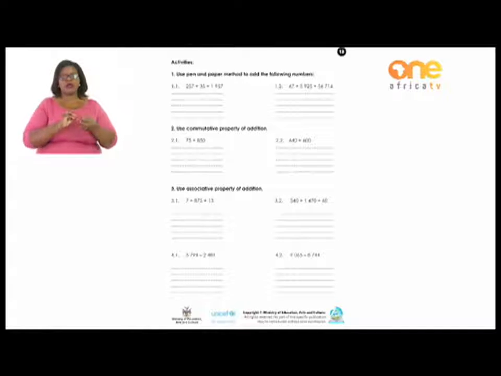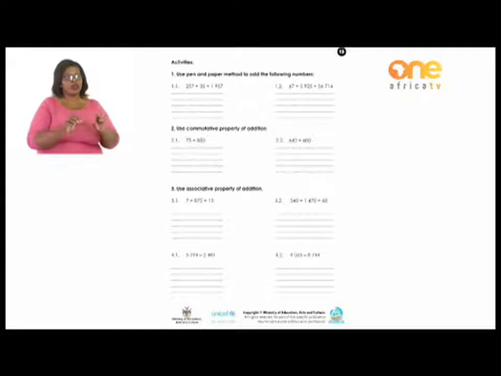Number 3, use associative property of addition. 3.1, 7 plus 875 plus 13, 3.2, 540 plus 1,470 plus 60. Here we apply associative property.